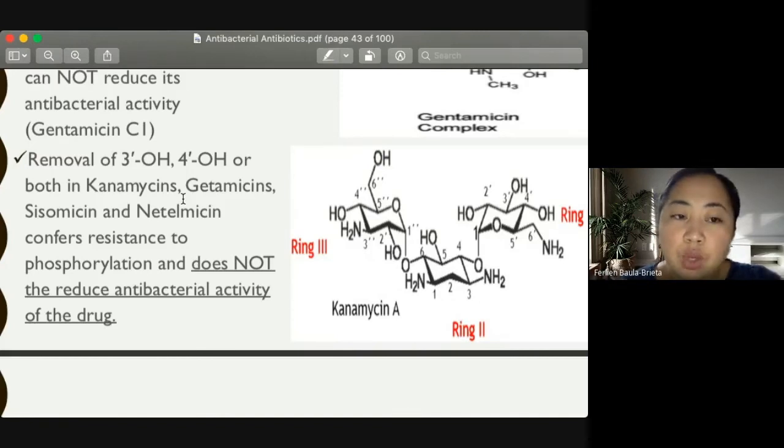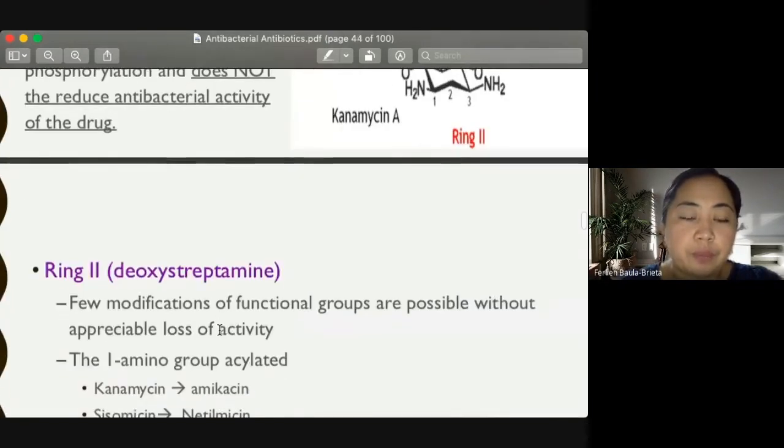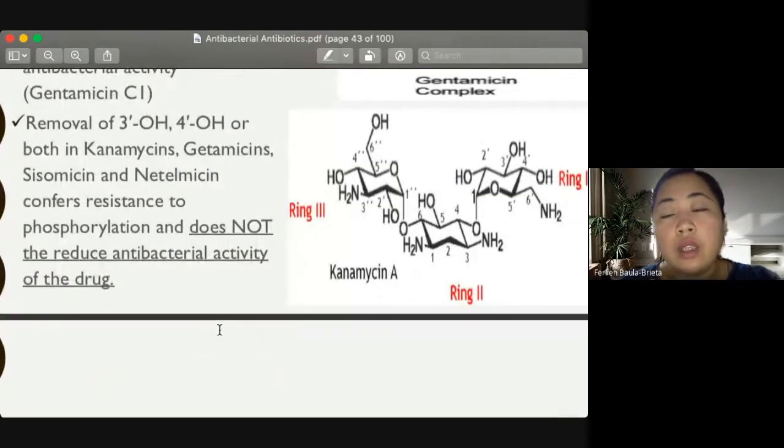So, the phosphorylation process, obviously, it targets our 3-hydroxy and 4-hydroxy. Kaya, it will be removed na lang, tanggalin na lang natin so that our drug will not undergo phosphorylation and inactivation in the future. Kahit tanggalin natin siya, our aminoglycoside will still have the same antibacterial property. So those are the alterations or upgrade in ring 1.